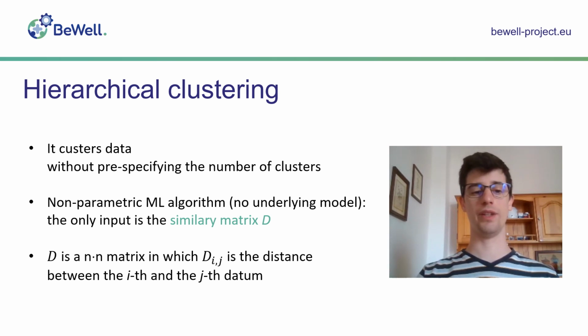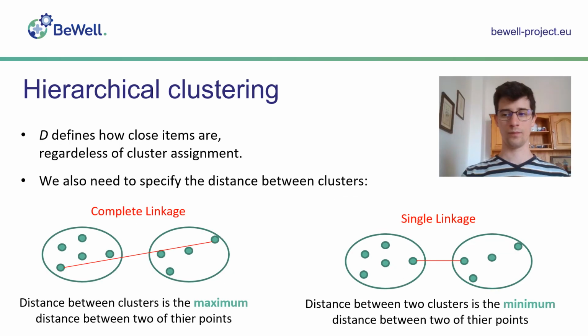Each entry of this matrix must be equal to the distance between any pair of observed data. Similarly to k-means, such distance may be the Euclidean one or any other notion of distance. Such similarity matrix D defines how close objects are regardless of their cluster assignment.